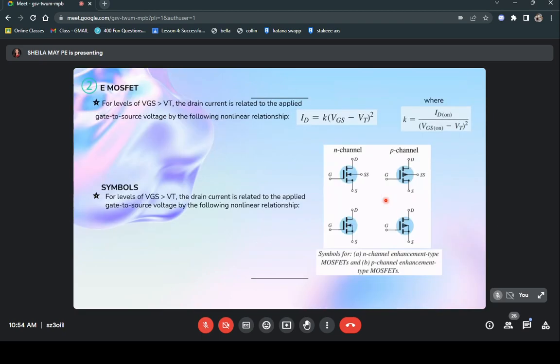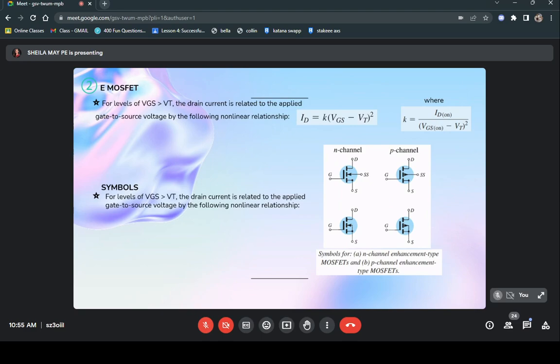Okay. So for levels of VGS greater than our VT or threshold voltage, the drain current is related to the applied gate-to-source voltage by the following nonlinear relationship. Before, for our D-MOSFET, we had Shockley's equation: ID equals IDSS times (1 minus VGS over VP) squared. Now, for our E-MOSFET, since it only operates in the enhancement mode, it is on the positive side.